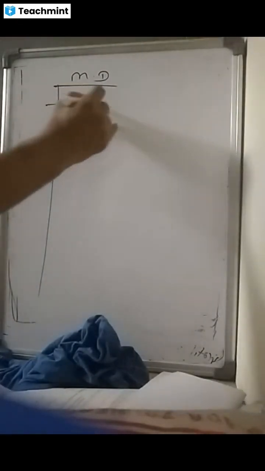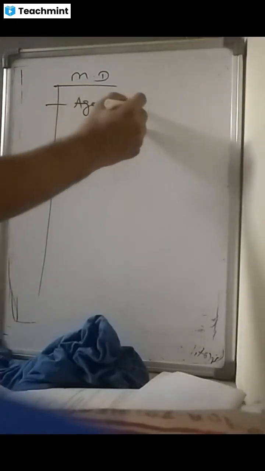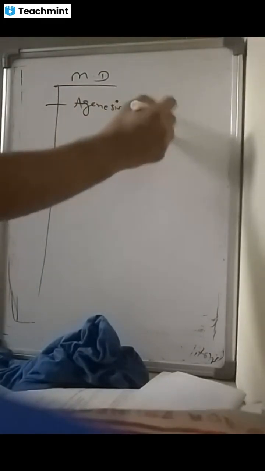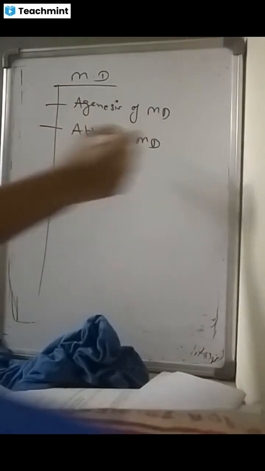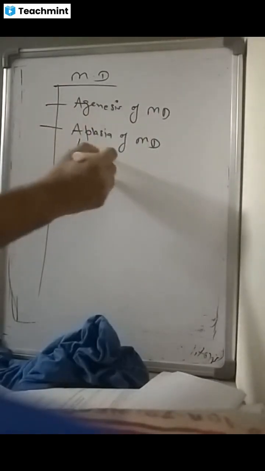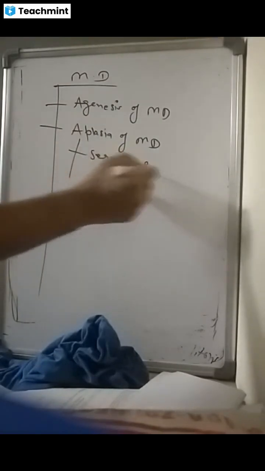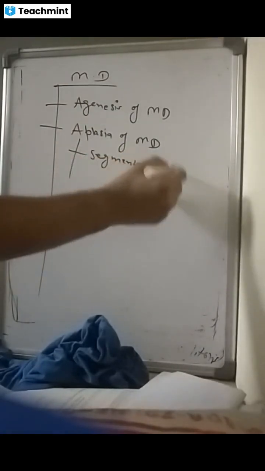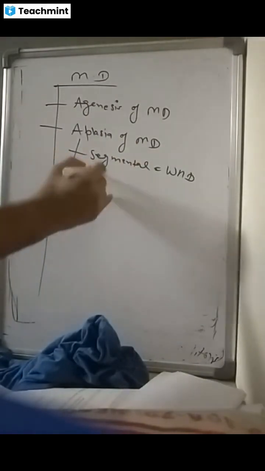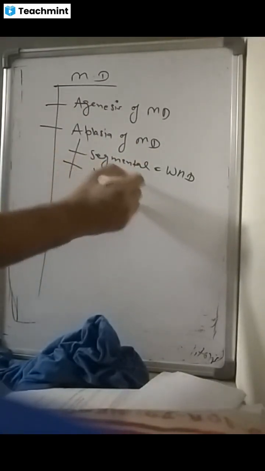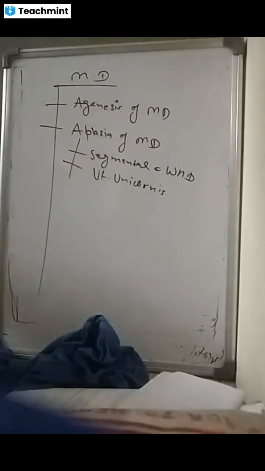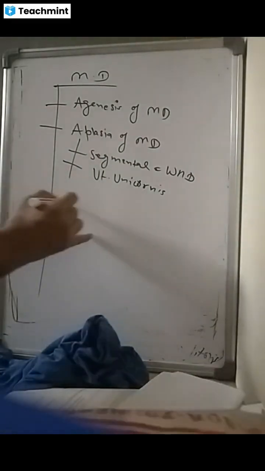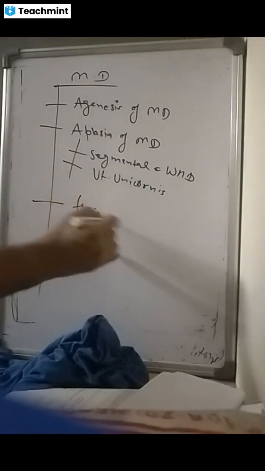Number two is aplasia of Mullerian duct. Aplasia may be segmental aplasia, that is white heifer disease, or uterus unicornis. Number three is the fusion defect.